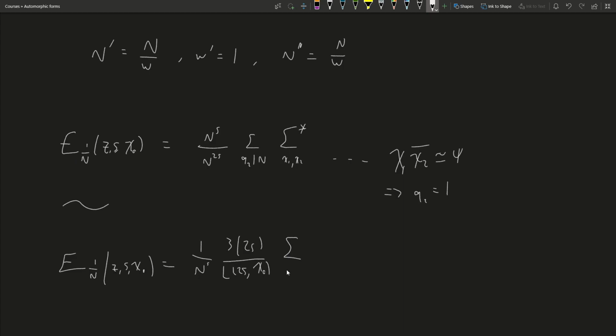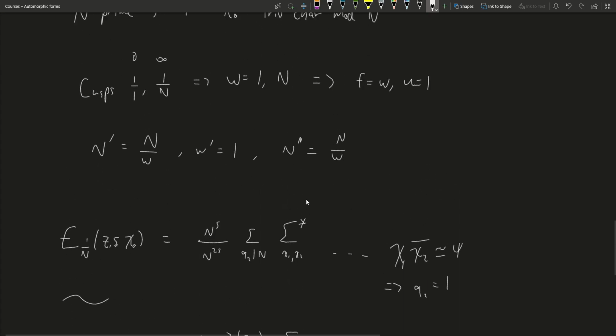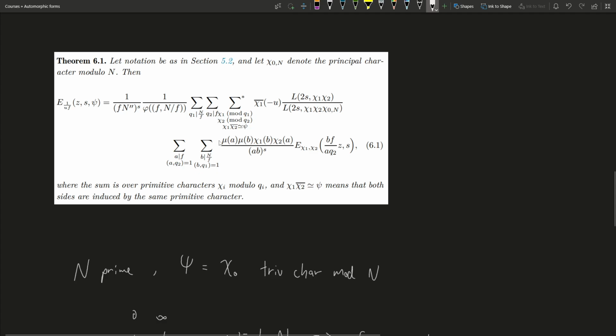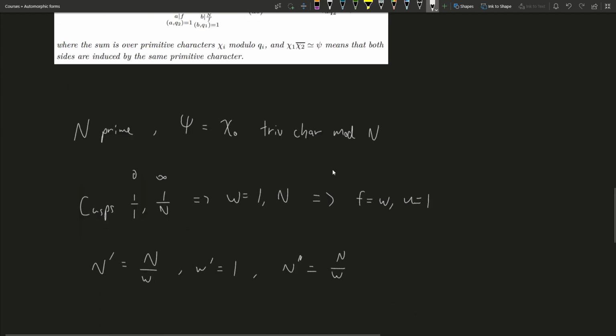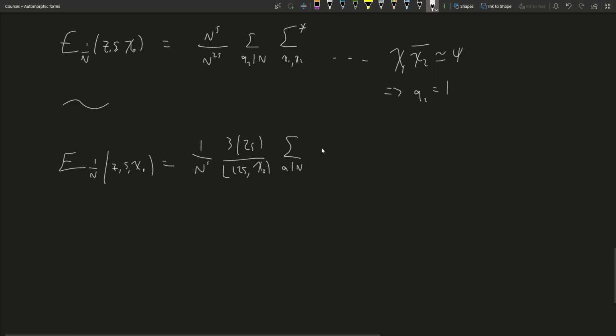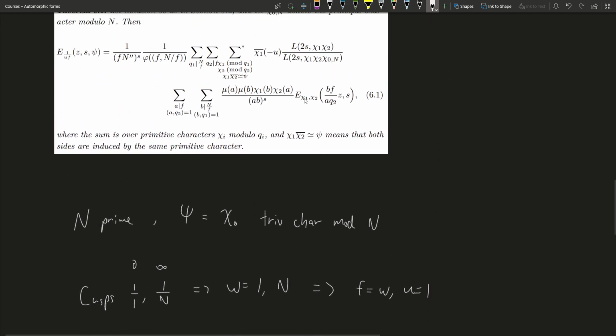So the terms that we get are a mu a, and then mu b is just 1, and chi1 of b never appears because b is 1, so we have a chi2 of a, but chi2 is trivial, so this doesn't appear either, and then we have an a to the s in the denominator, so we get mu a over a to the s, and then finally we have our Eisenstein series in terms of characters, where both characters here are the trivial character.